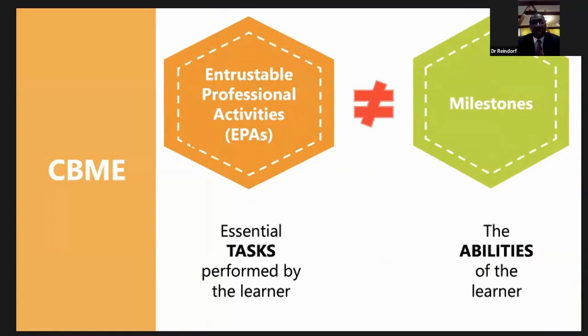So if I take, say, cesarean section, it's an essential task that a learner must be able to perform. But the milestone will determine where the learner is in performing this activity. He may be a novice or an advanced beginner, or he may have reached the level of competence where I can feel safe, okay, I can leave this learner on their own to perform cesarean section while I sit in the coffee room or I stand behind and watch.